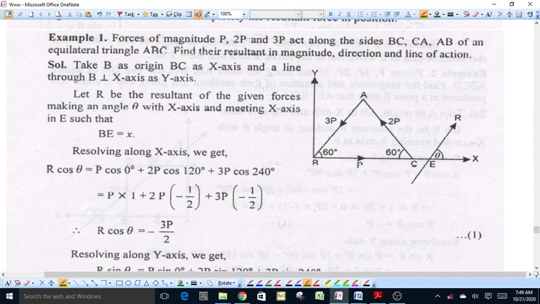See this example: forces of magnitude P, 2P, 3P act along the sides BC, CA, AB of an equilateral triangle ABC. Then we have to find their resultant in magnitude, direction and line of action. Take B as origin and BC as x-axis and a line perpendicular to BC as y-axis.